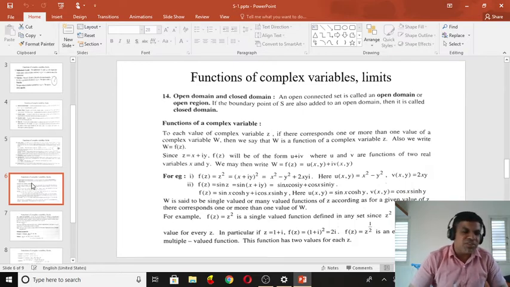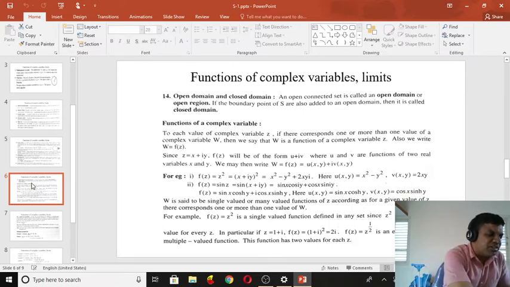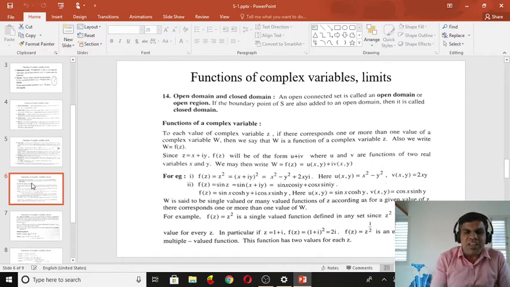Suppose we express f of z equal to sin z. So sin z is sin of x plus iy. Using the trigonometric formula sin of a plus b, sin a cos b plus cos a sin b, we express sin x cos iy plus cos x sin iy.